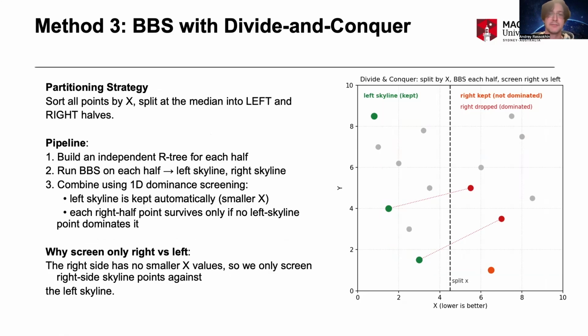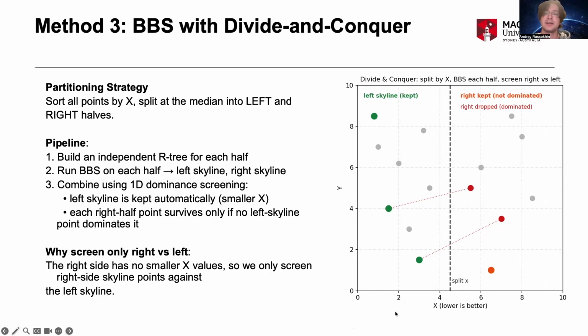The third method combines BBS with divide and conquer. First, I sorted the dataset by our X value, split it into left and right halves. Then I built a separate R tree for each half and ran BBS on each one. After that, we can combine our two skyline results. The left skyline is kept because the left side has the smaller X values.